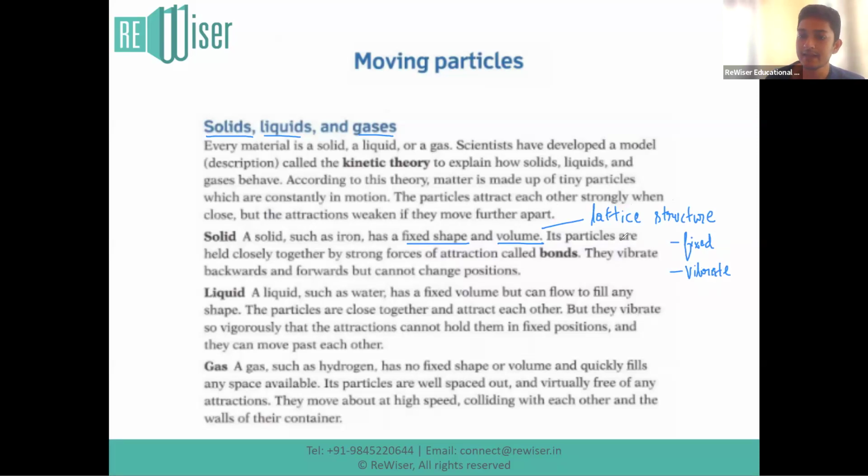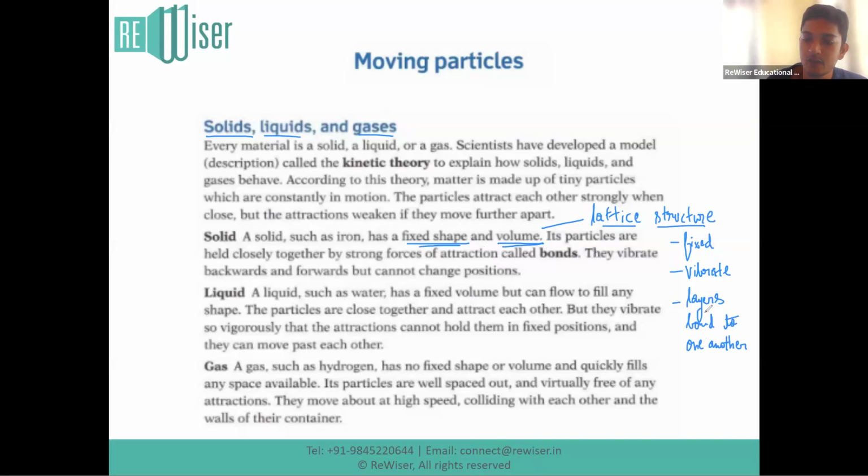The lattice structure also provides layers which are bound to one another, forming the lattice structure that I spoke of, and thus they have a definite shape and a definite volume.